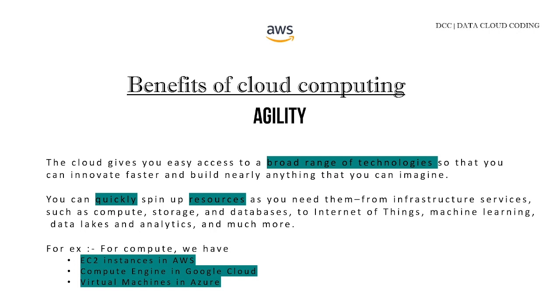So the first benefit of using cloud computing is agility. It means the cloud gives you easy access to a broad range of technologies so that you can innovate faster and build nearly anything that you can imagine. For example, let's suppose I want to set up a complete big data architecture setup on the public cloud AWS.